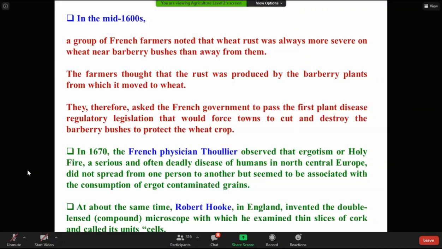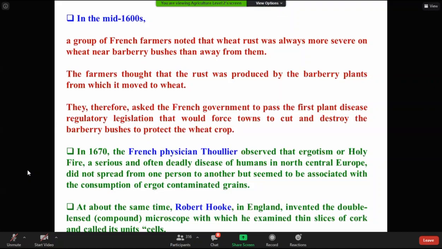And they speculated that there might be a relation or correlation between the wheat rust and barberry plant, or the disease may come from barberry plant. And then they asked their government, French government, to pass some rules or regulation or amendment to cut the barberry plant and destroy them. What is the purpose? To protect the wheat plant.